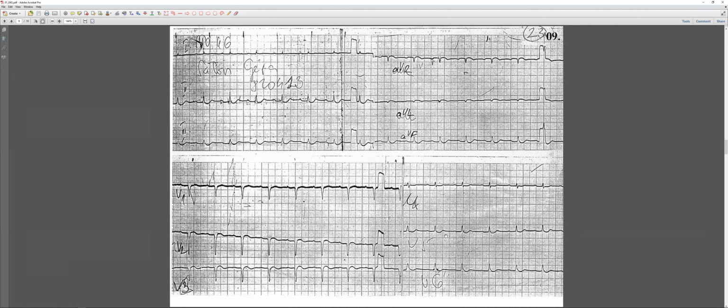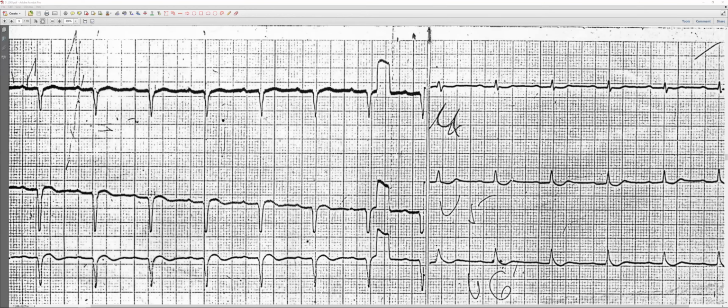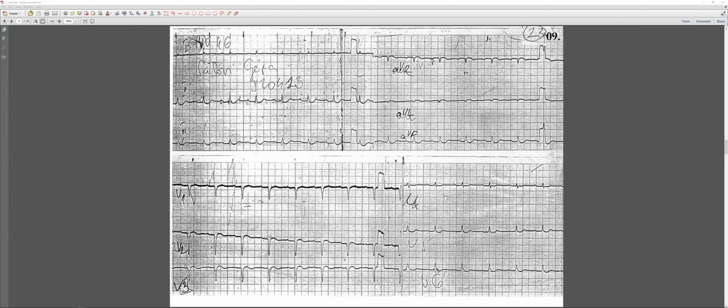Very, very good. I'm really pleased. Yes, that's it. So if you're looking at the shape of this ST segment, there's a scooped, yes, it's round shaped. Yeah, and that's typical for the digitalis. Very, very good.